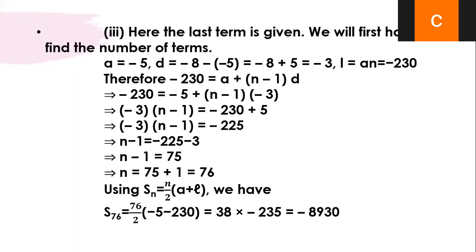What is the N value? 76. Very good. We apply the N value: A value -5, L value -230. We are getting 38 into -235, it is -8930. Any doubt, children? No, ma'am.